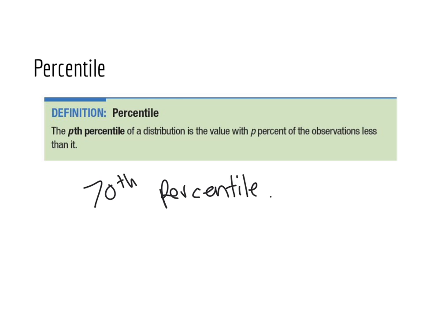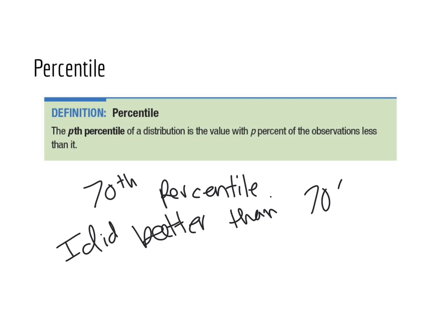Well, what that means is that I did better than 70% of the people who took that test. So if you got in the 70th percentile on the SAT, that means you scored better than 70% of the people who took that test.